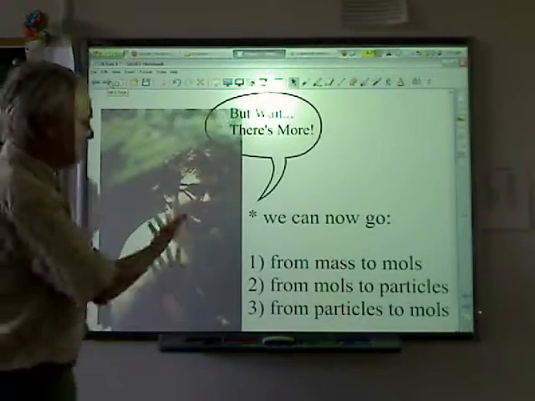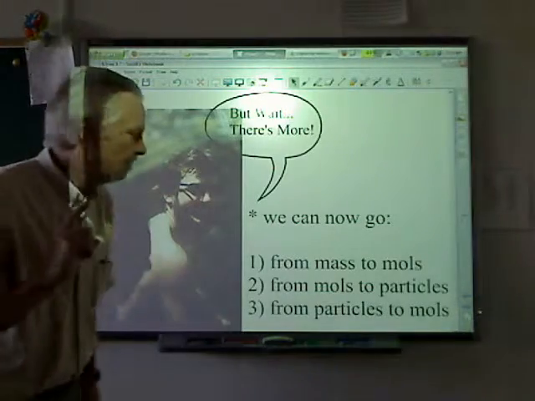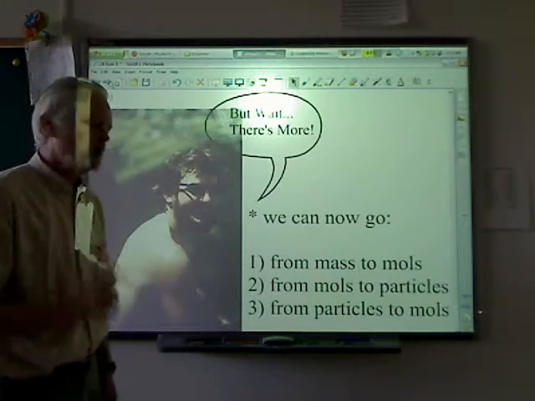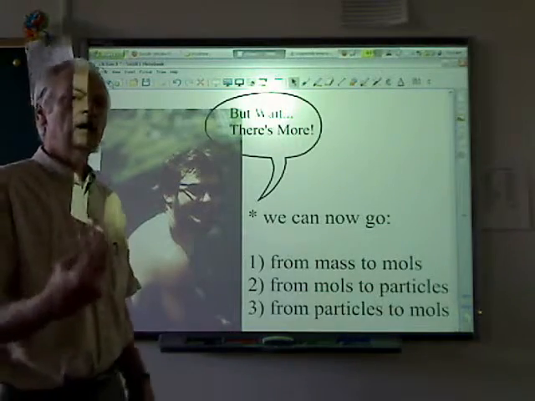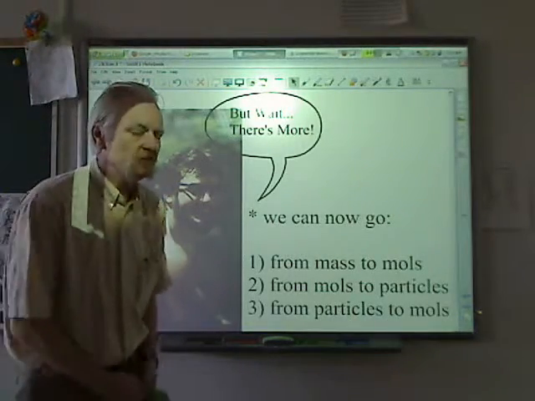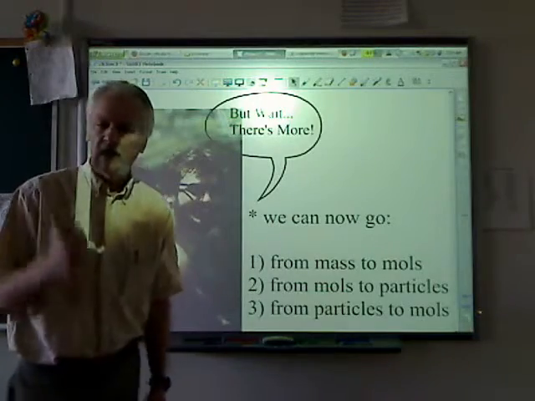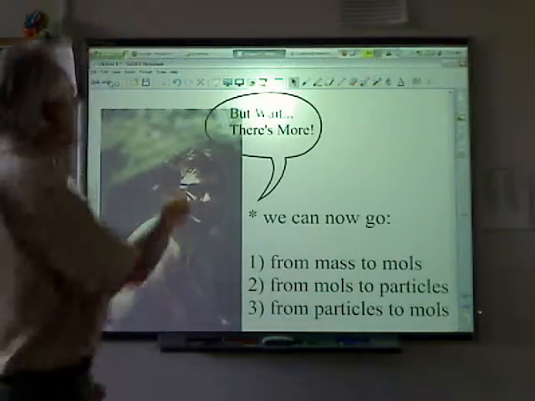And so as the guy says, now again, we can go from mass to moles, from moles to particles, from particles to moles effortlessly by using the 2 conversion factors, right? Molar mass and Avogadro's number, depending on where we want to go.